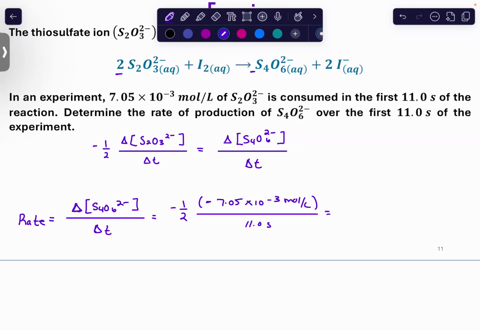When I calculate this, I'm going to get 3.21. That's technically molarity per second, so that's concentration per second. You use these rate expressions to relate the consumption of species to the production of species in a reaction.